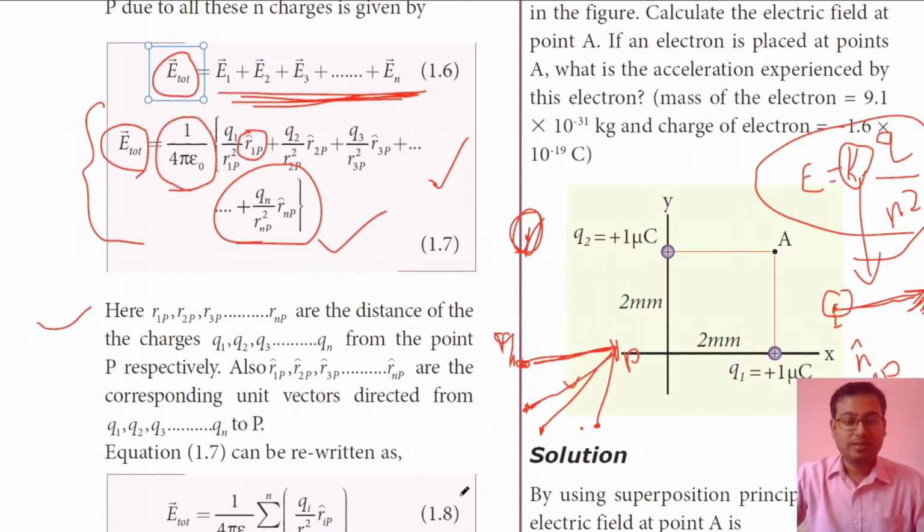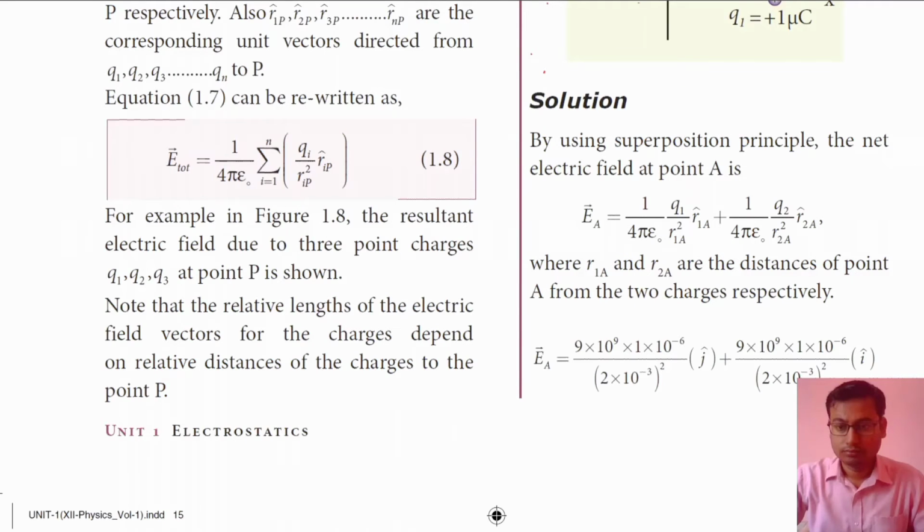Equation 1.7 can be rewritten as E total is equal to 1 by 4 pi epsilon naught into sigma qi by r square ip into r cap ip, where i goes from 1 to n.